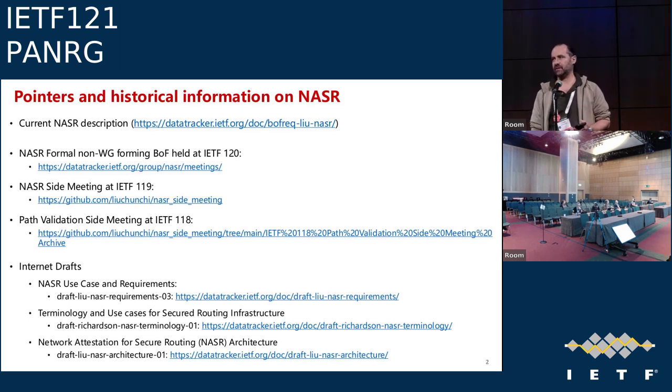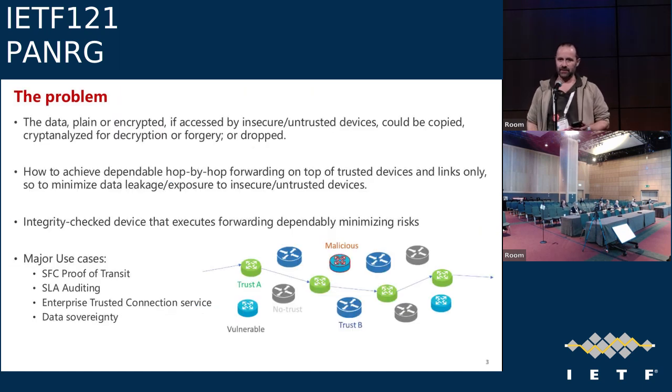A few historical pointers. We have 3 internet drafts, and there was a first side meeting in 118, then a more official side meeting in 119, and the official BOF in 120, as I said. And we received a lot of feedback, including coming here to talk with you. And that's why we are still working on all the feedback we received.